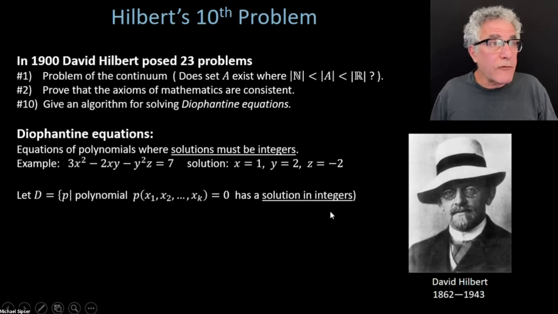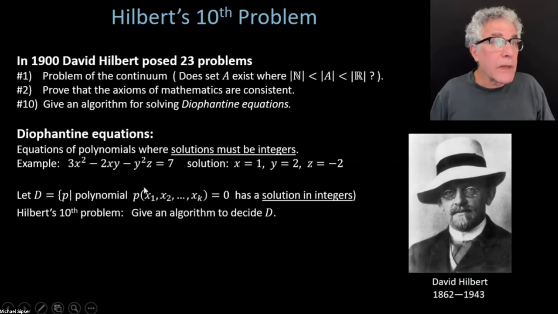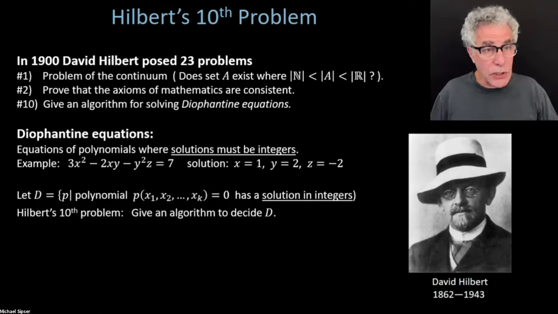What I'm looking for is a procedure which will tell me yes or no. I want an algorithm to answer that question for a given polynomial, or using the language of this course, defining this in terms of a language, decide this language. Give a Turing machine which will decide yes or no for any given polynomial. Yes, there is a solution in integers. No, there is no solution in integers.